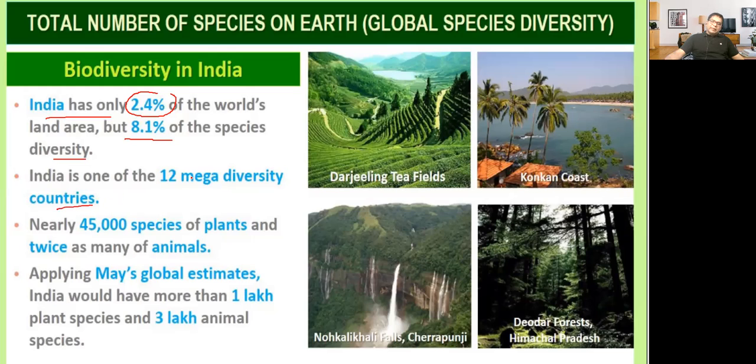Nearly 45,000 species of plants and twice as many animals, around 90,000 species, are present in India. Applying May's global estimate, India would have more than 1 lakh plant species and 3 lakh animal species.